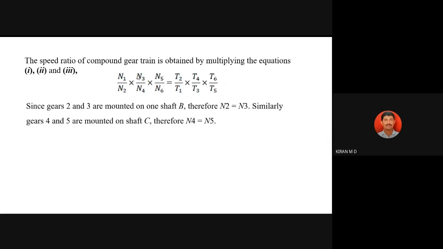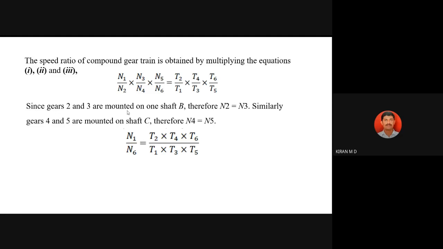Since gears 2 and 3 are mounted on shaft B, N2 is equal to N3. Similarly, gears 4 and 5 are mounted on shaft C, so N4 is equal to N5. So N2, N3 get cancelled, and N4, N5 get cancelled.